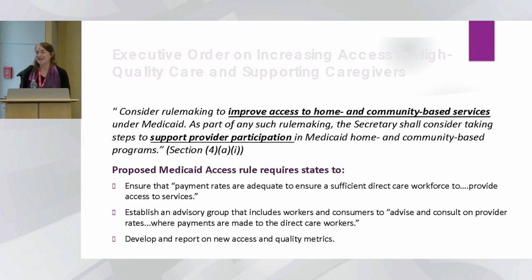eagerly awaiting it. And what's very cool about it is it requires, first of all, that states guarantee that a minimum percentage of the Medicaid payments going to home care, which is right now set at 80%, are actually going to worker compensation.